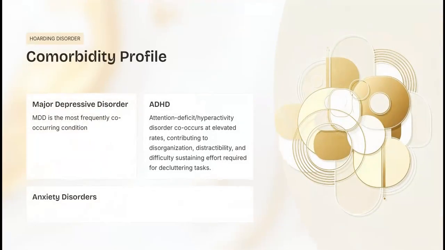Of course, it's not isolated either. It's usually got a friend with it, some other comorbidity. It often occurs with some other mental health disorder, most commonly major depressive disorder, which affects over 50% of patients who have hoarding disorder.